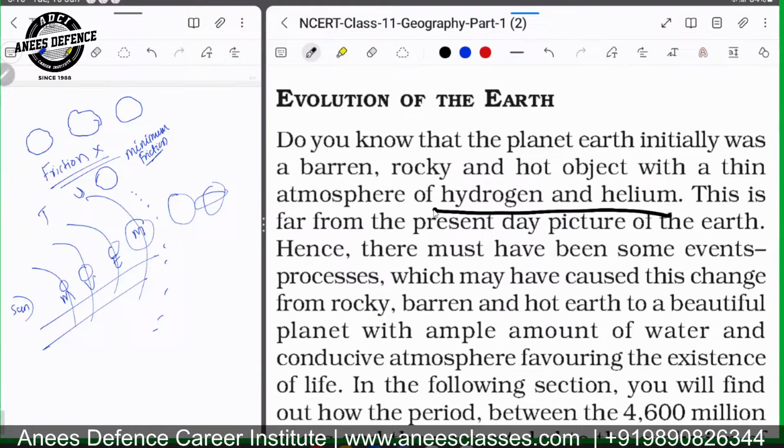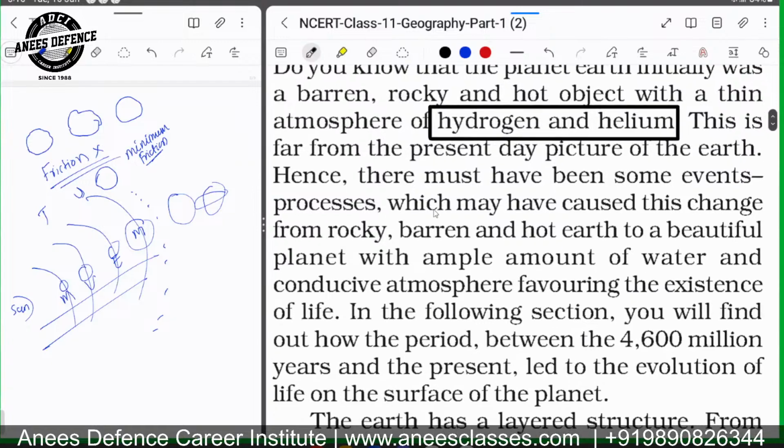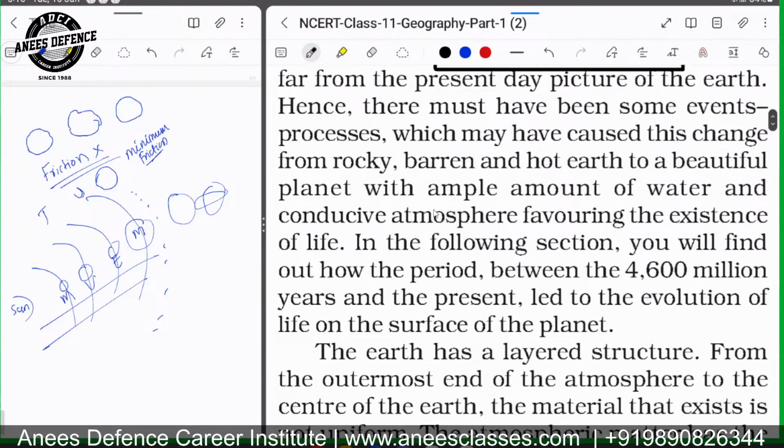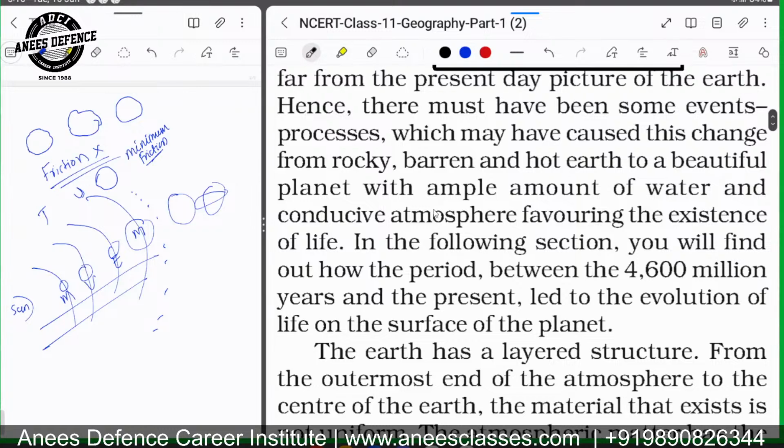It means that earlier we only had hydrogen and helium. Okay, this is far from the present day picture of the Earth. Hence, there must have been some events which led to the change in the situation of Earth.